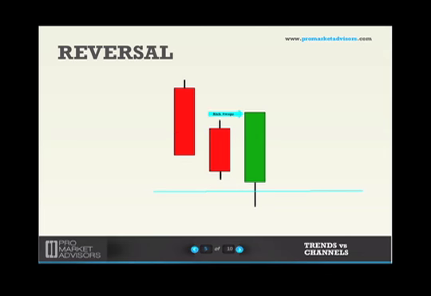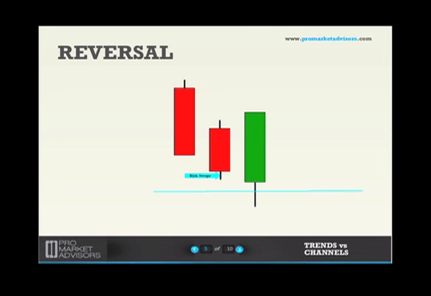The only requirement is that the body engulfs the body, that is, the rectangular part engulfs the previous rectangular part. But it's also additionally helpful if this green engulfing candle also captures the shadows. It's not required. It's just adding a little extra strength to the signal, if you will. So this would be considered an engulfing candle.